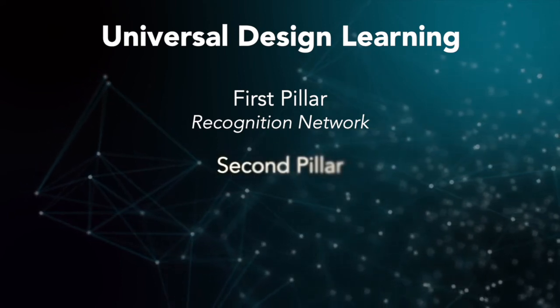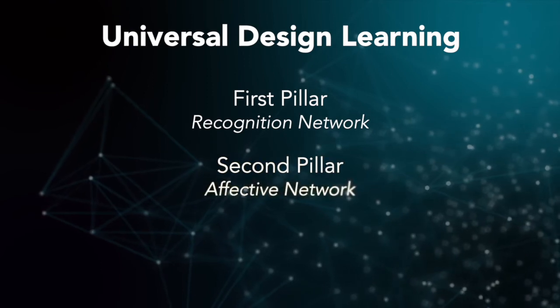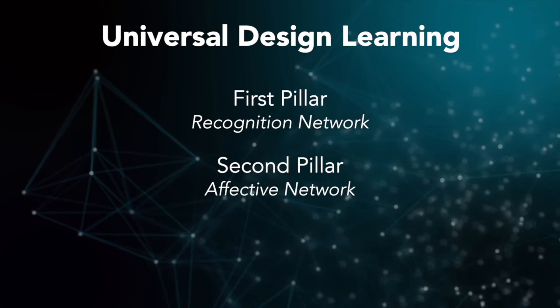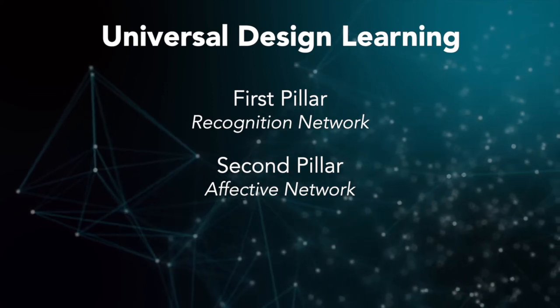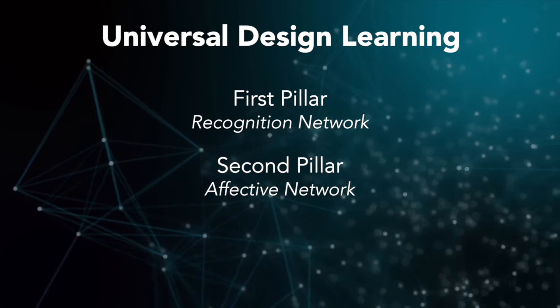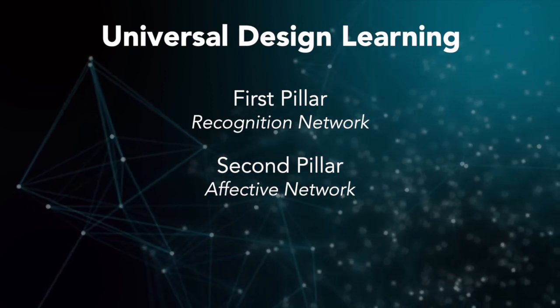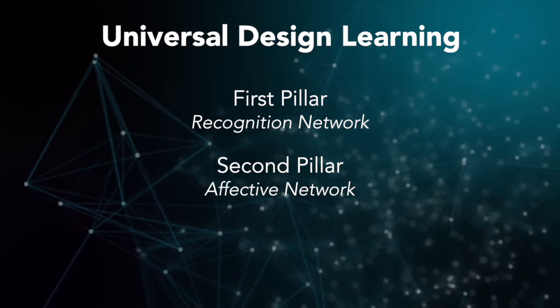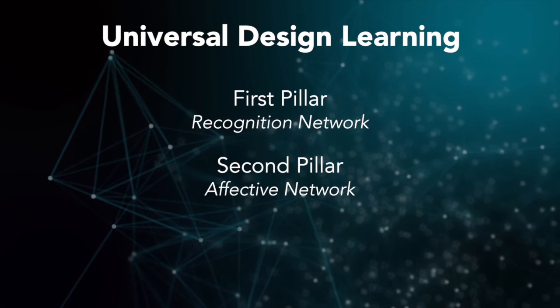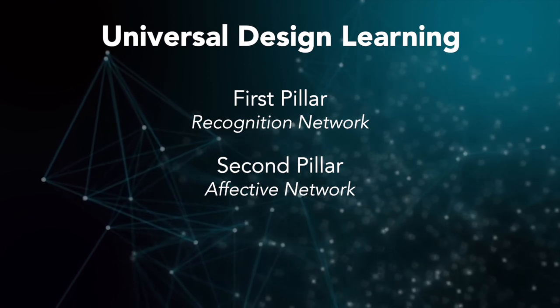The second pillar is an affective network. It concerns the why and involves multiple ways of engagement to tap learners' interests, challenge them appropriately, and motivate them to learn. There are three types of engagement: instructor to student engagement, student to content engagement, and student to student engagement.